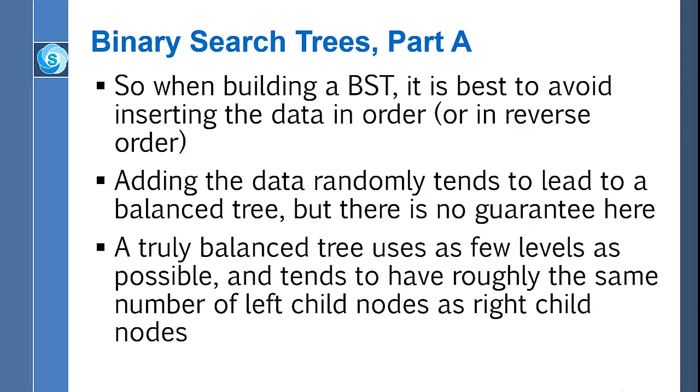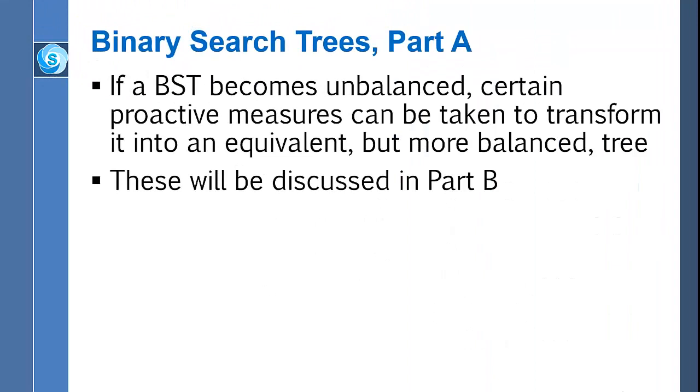In this regard, there are a couple of basic operations that can be performed on nodes that are quite useful, and with a little bit of judicious application and planning, these simple operations can be used in combination to help balance an unbalanced tree. We're going to discuss these operations, which are known as rotations, in the second part, part B of this lecture.